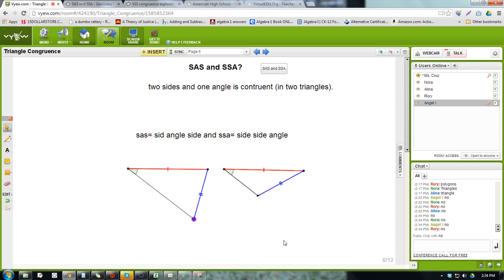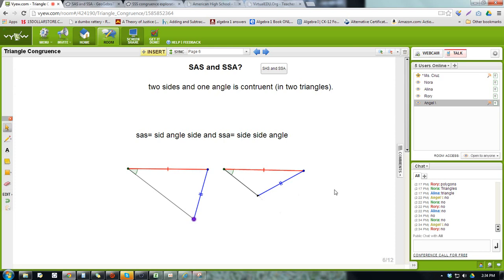So this is the reason, and what the second image is showing you is that there are two cases where you could have two sides that are the same and one angle, and there are two different types of triangles you could possibly have. This is the second one, which is why we can't prove that when two sides and one angle are congruent, the triangles are always congruent, because they could be, but they might not be.